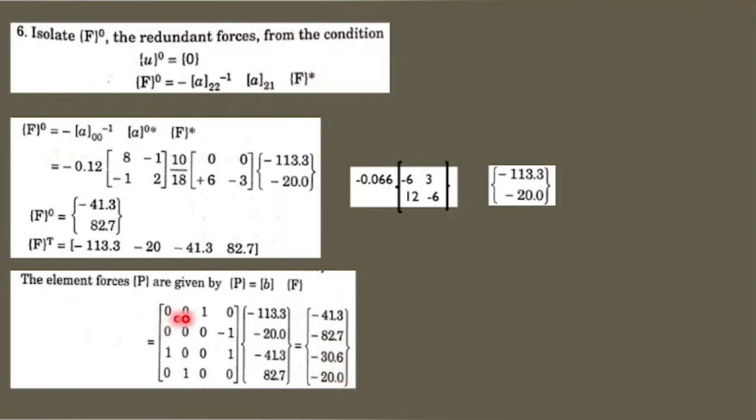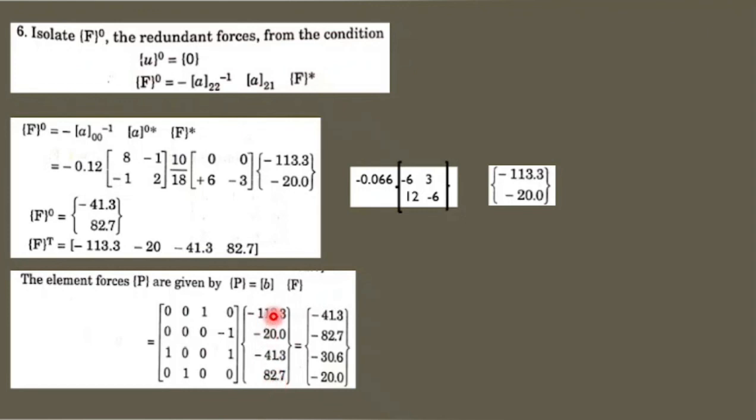If you multiply first row and first column, you will be getting 0. 1 into minus 41 will be minus 41. And all the components are 0. You have last component as minus 1. Minus 1 into 82.7 will be minus 82.7. And the third row, 1 into minus 113 plus 1 into 82.